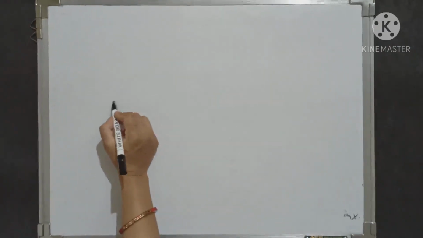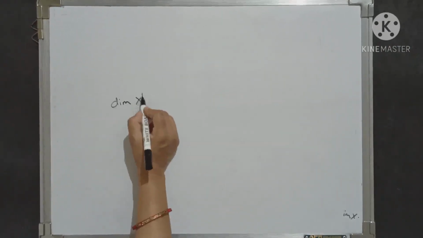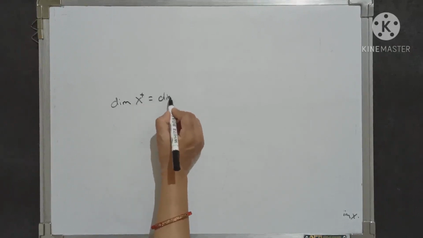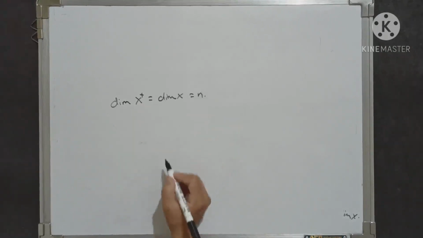But it is true only when X is finite dimensional. That means the dimension of X star equals the dimension of X equals n.